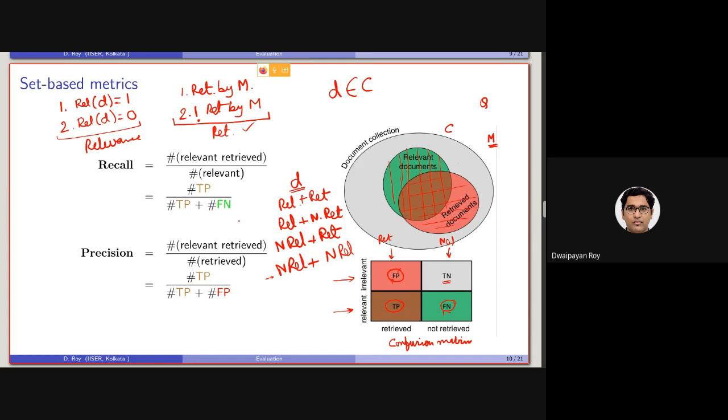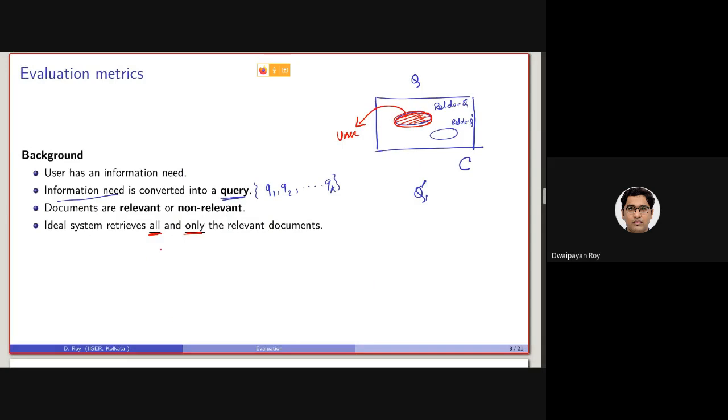Now note that, as we are discussing, a retrieval system will definitely retrieve some non-relevant documents as well. It is not possible to design an ideal system. So for some queries, it will be retrieving some non-relevant documents.